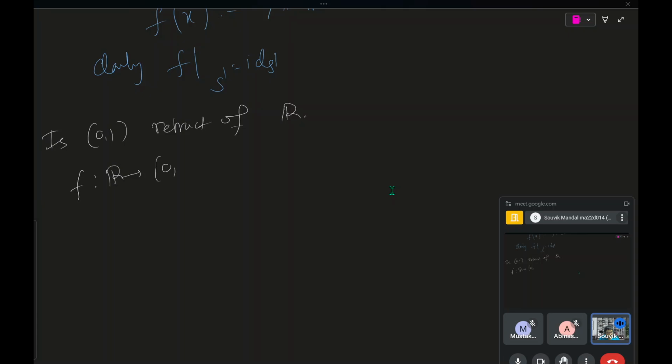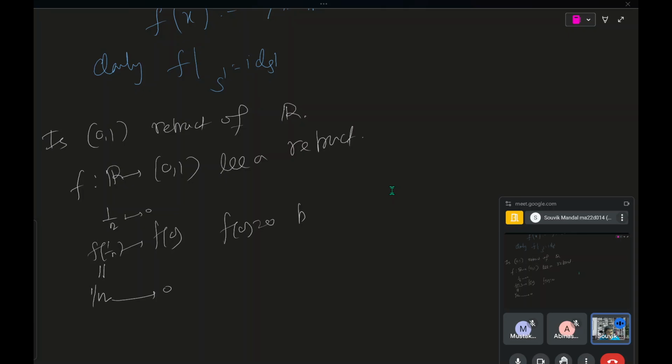But that's impossible, because if we take 1/n that goes to 0, then f of 1/n goes to f of 0, and f of 1/n is 1/n, which goes to 0. So f of 0 is 0. But 0 does not belong to the codomain of f, right? So f of 0 equal to 0 is a bizarre situation.